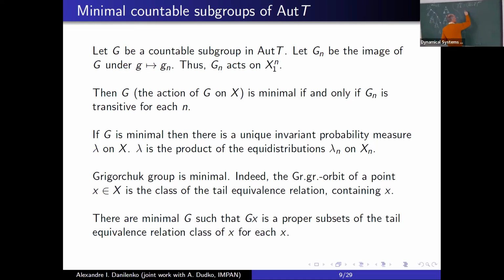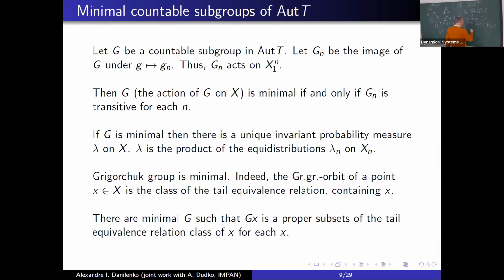And let G be the direct sum. Of course, G acts on this space. It's a countable subgroup, so there is a natural action of G on this space. And this action is free, of course. And the G orbit of every X is just the tail equivalence class of X.